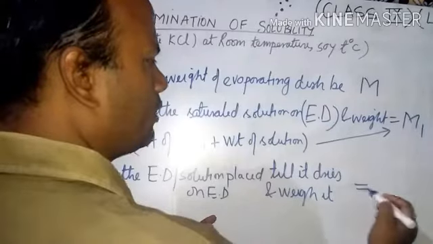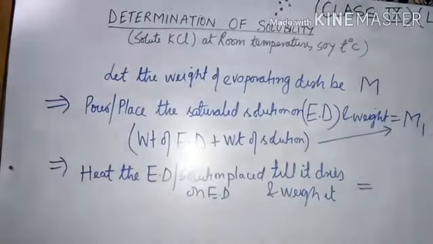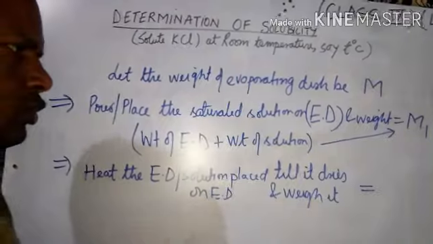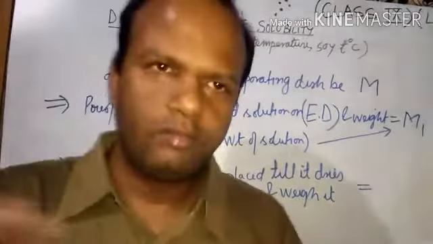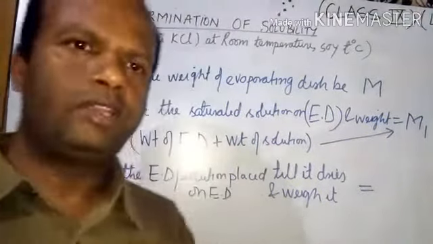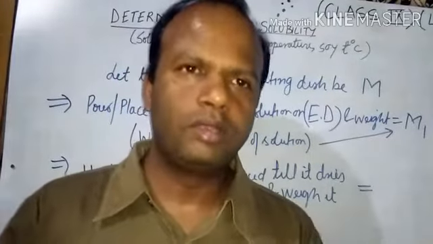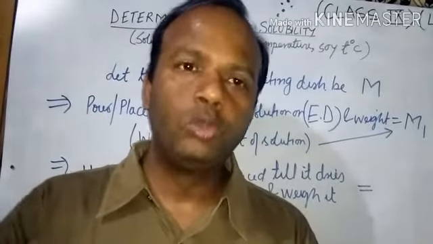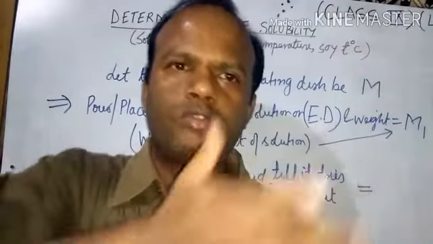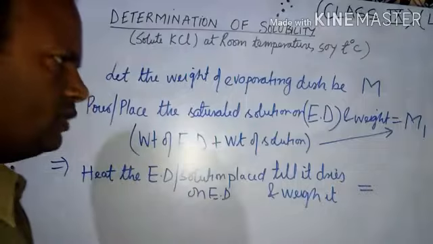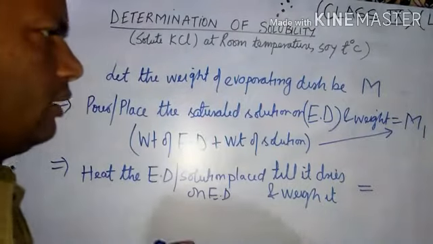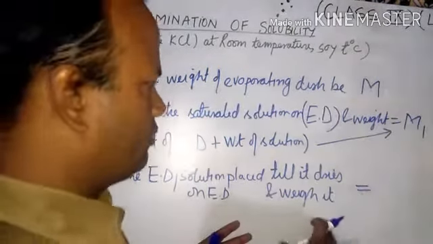So the residue will be left. We will heat it, and the process of heating is given in a book, that a water bath is to be used. We have to heat it through a water bath. First water, and then the evaporating dish placed over it, so that it doesn't come out when it becomes dry. It doesn't sprout, you can say.